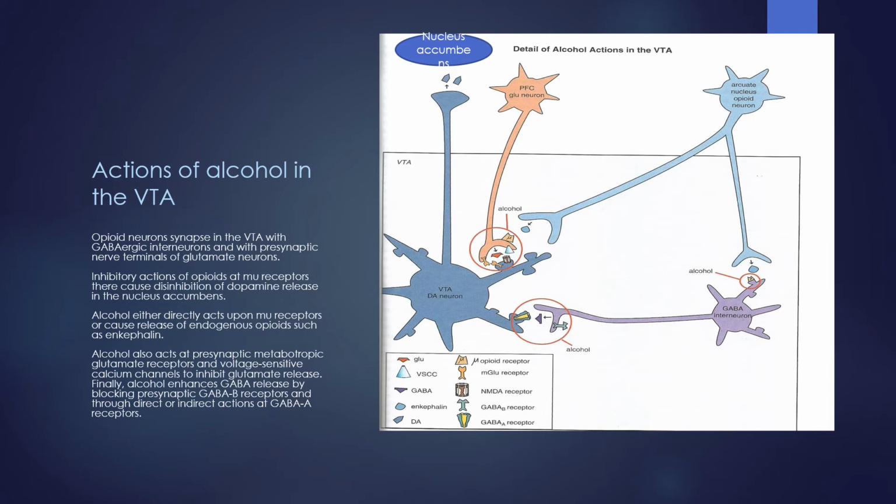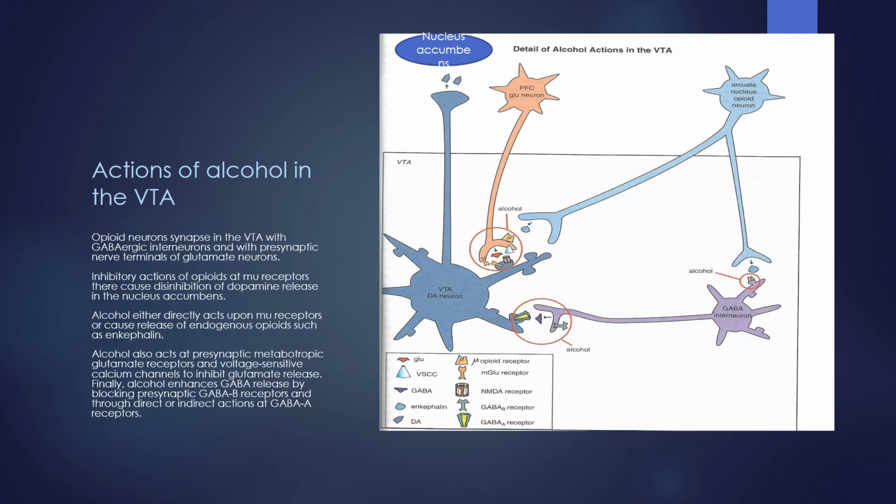If dopamine is released here, the nucleus accumbens gets the reward, has the positive feeling, and wants to repeat that action again and again to keep on getting some dopamine here.